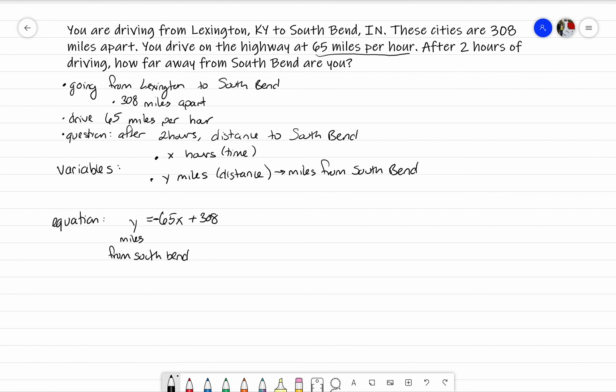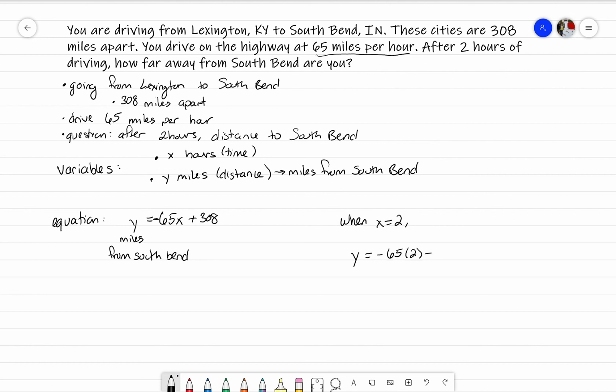Okay, so there's our equation, and now we can answer our question. After 2 hours, that means we're looking for x, which is our hours, to be 2. So when x is 2, y, which is the thing we're looking for, the miles from South Bend, we just plug it into our equation.